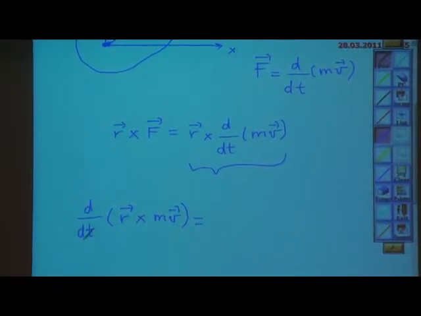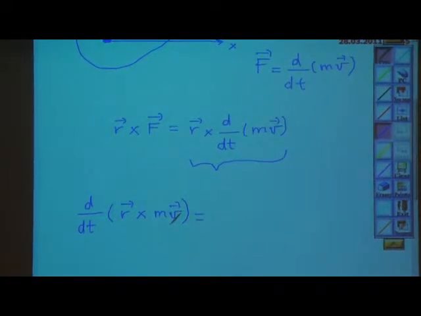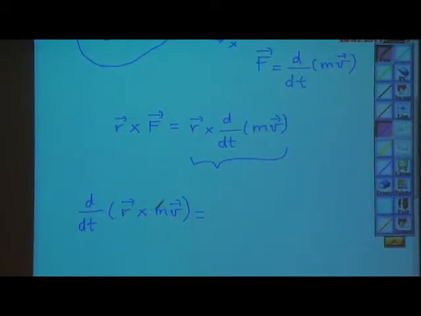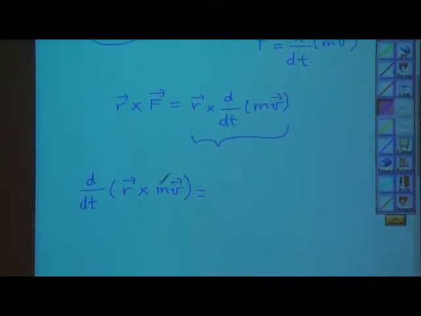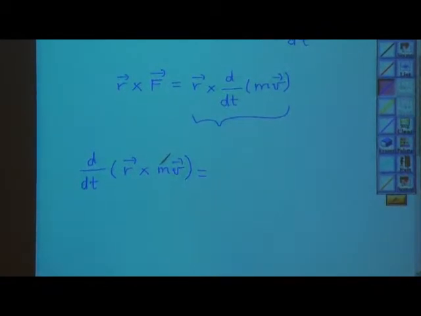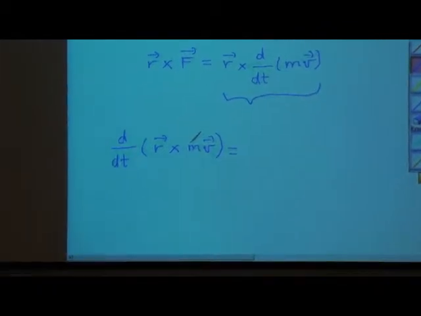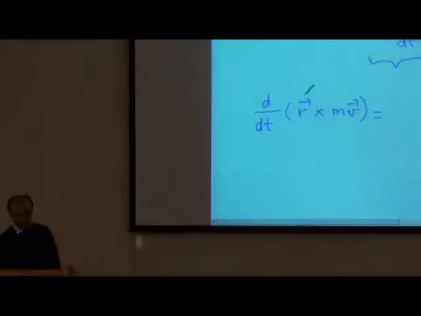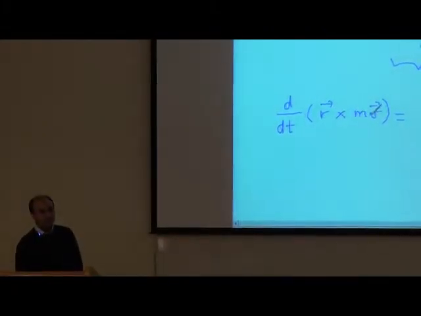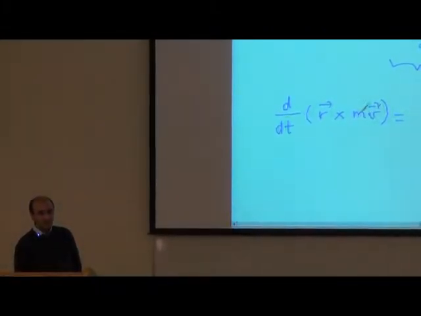And this is the time derivative of this cross product, which operates on each of these terms. We will just simply use the simple rule of taking the derivative. We will take the derivative of the first one times the second one, cross the derivative of the second one times the first one.